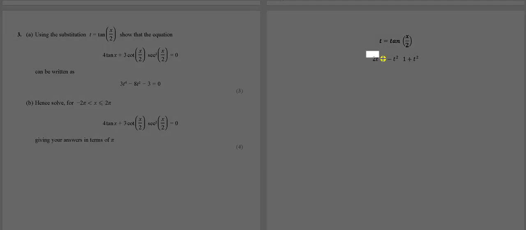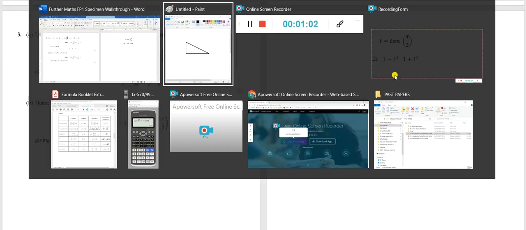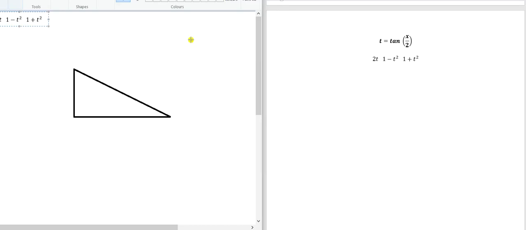So if I put those on my diagram, from there I should be able to reproduce quickly and easily for myself the required results. 2t is the opposite side, the side opposite the angle we're interested in. 1 minus t squared is the adjacent side, and 1 plus t squared is what it looks like, the largest of the three sides.